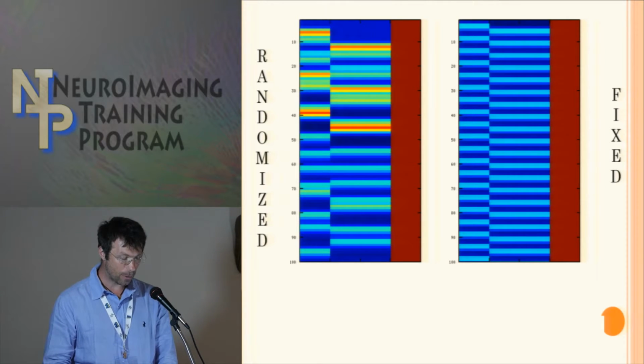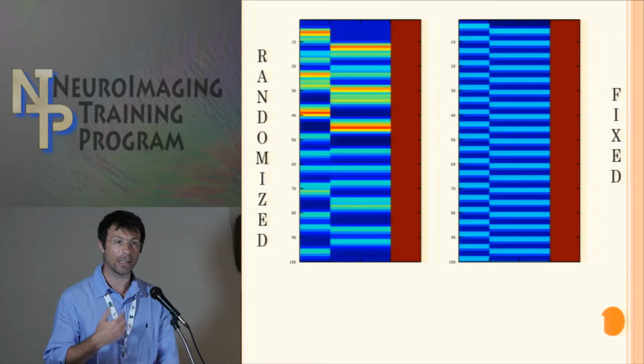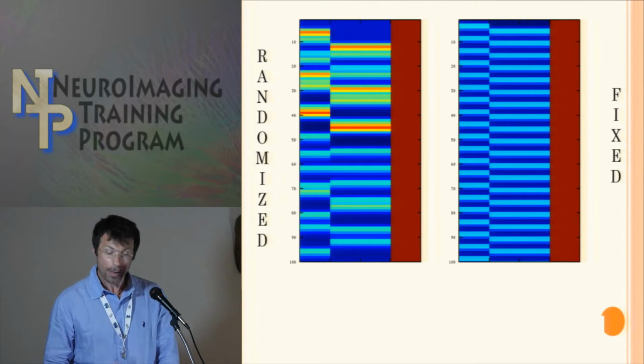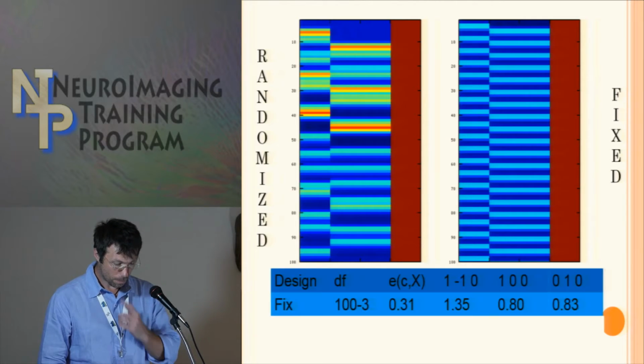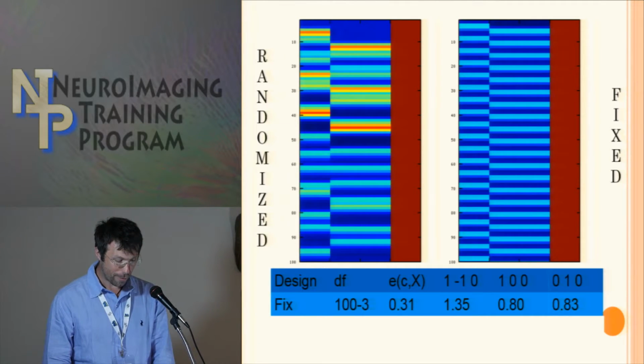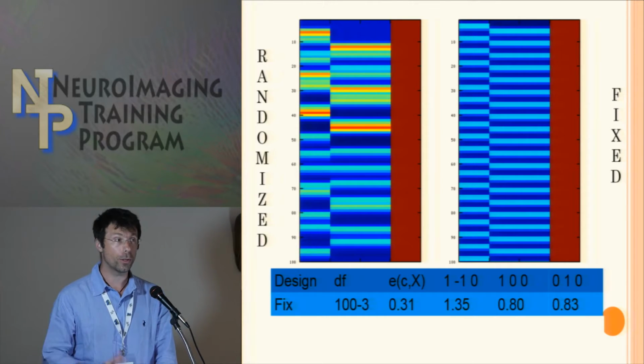You have to imagine that the color is the task coming out towards you. So, for example, red means this side is on. Task on, task off, task on, task off, task on, task off. Right? And in a randomized design, of course, maybe here you have many tasks, here you only have one, here you have many back-to-back, here there must be 3 or 4 back-to-back. That's why the intensity is like this.